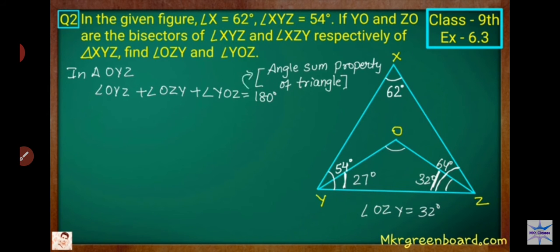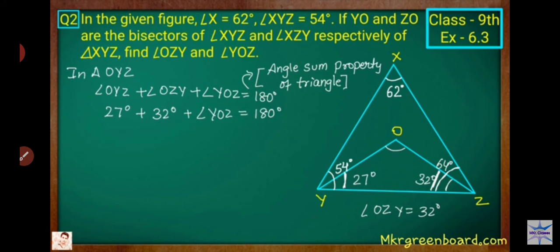So 27 plus 32 degrees, because we know OZY is 32 degrees, plus angle YOZ is equal to 180 degrees.